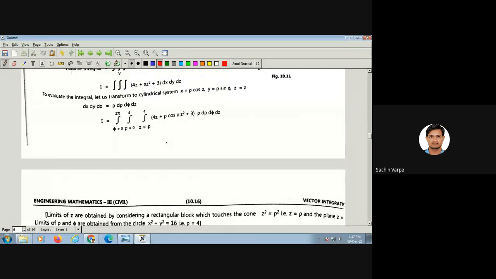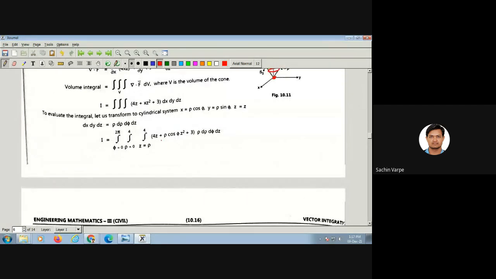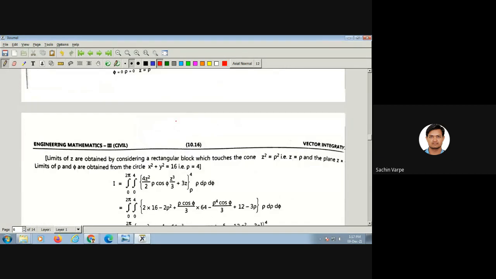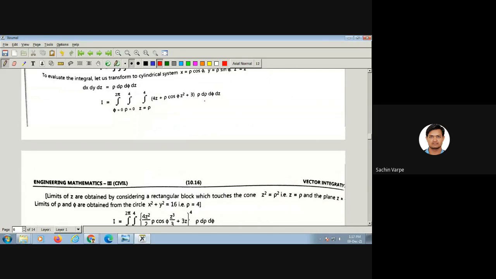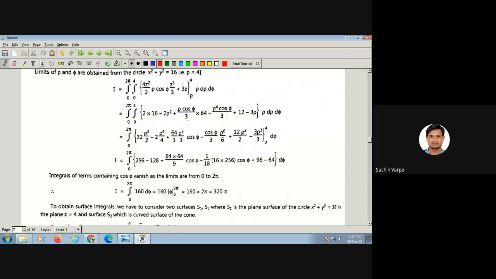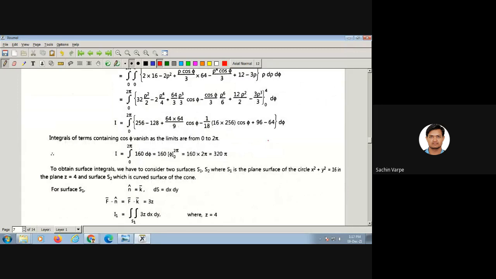So we substitute all these coordinates into the three-dimensional system. We calculate with respect to rho, theta and z. We get the answer to be 320 pi.